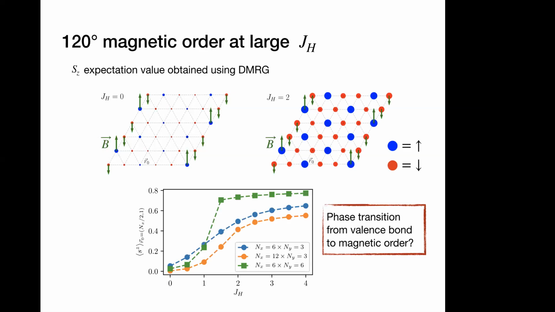And we could ask, if the ground state of the SU4 spin model is indeed a valence bond solid for JH equals 0, whether this is indeed a direct transition from a valence bond ordered state into a magnetically ordered state, and of course, what's the nature of this transition, and whether it could realize a deconfined quantum critical point.